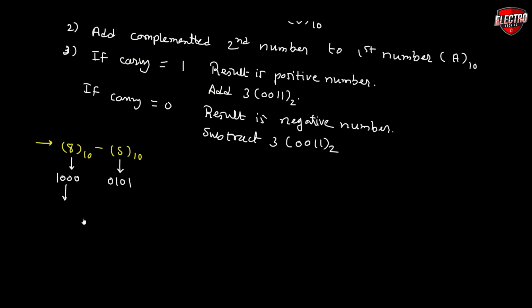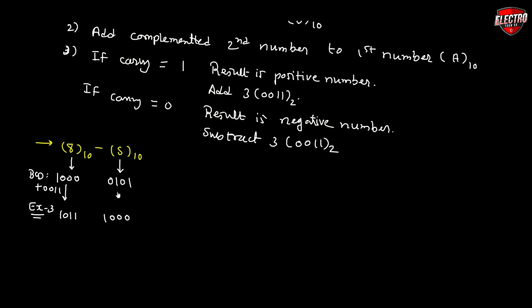Now if we want to convert these BCD numbers into Excess-3 code, we can add 0011 to the BCD code, so we get the Excess-3 code. The Excess-3 value for 8 is 1011, and the Excess-3 value for 5 is 1000.